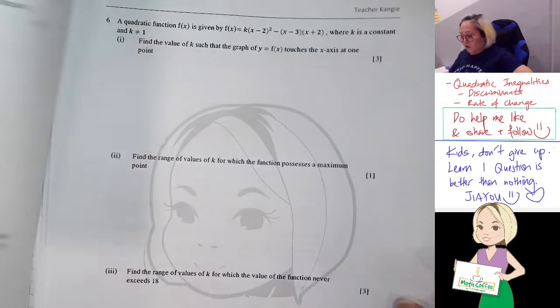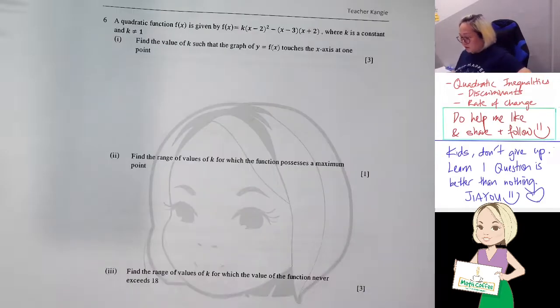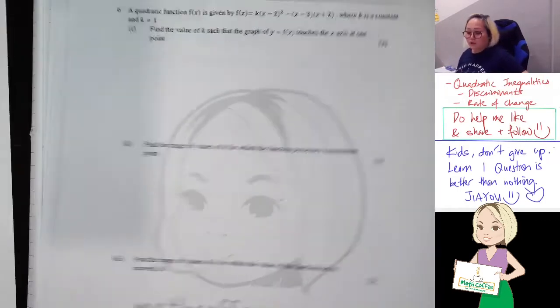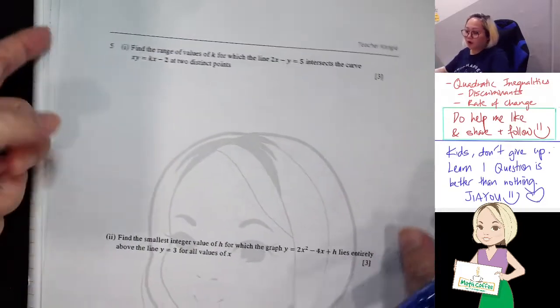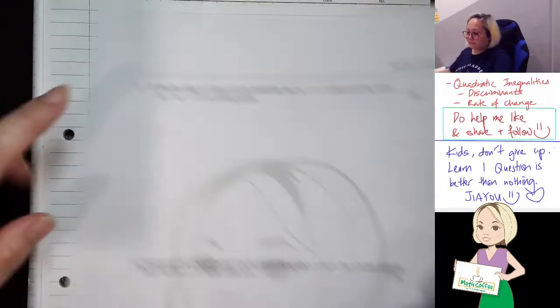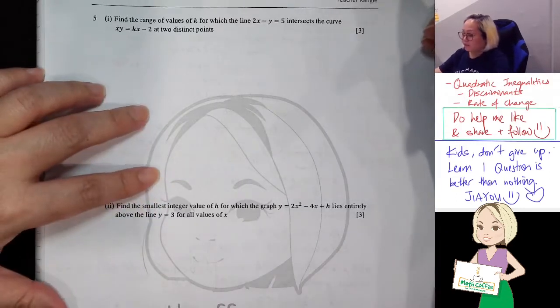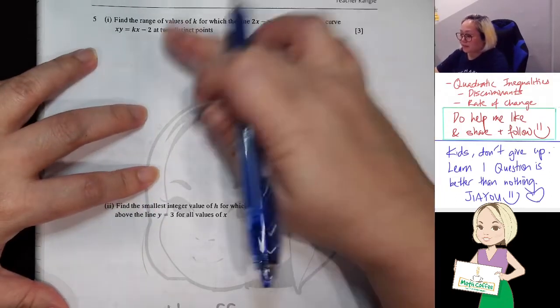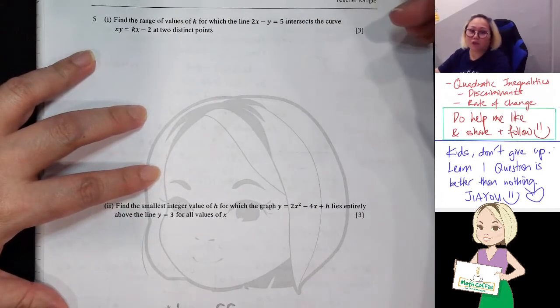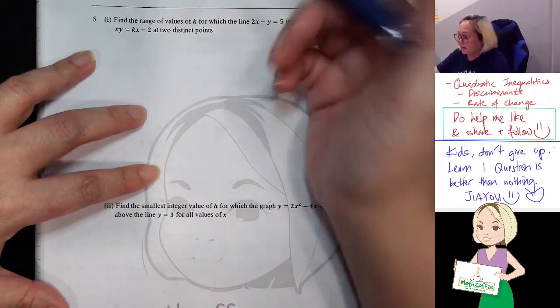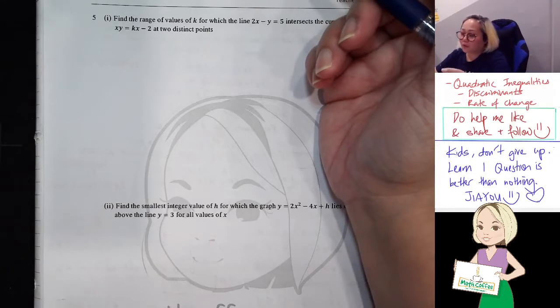Okay, let's move on to, I still have two more questions, question 5 and question 6, before I move on to rate of change. Now over here, find the range of k for which the line intersect the curve. And if you notice, actually the question here and there is always the same. I'm just showing it to you that the question is similar.